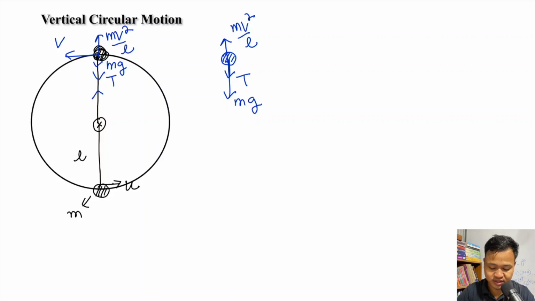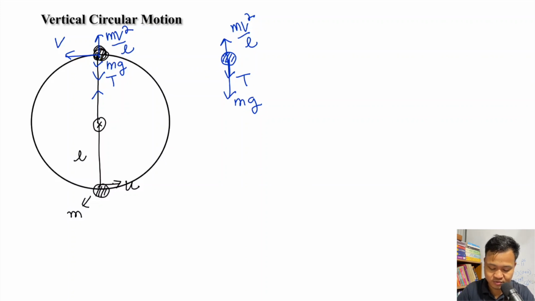So at the topmost point, the tension should be greater than or equal to 0.